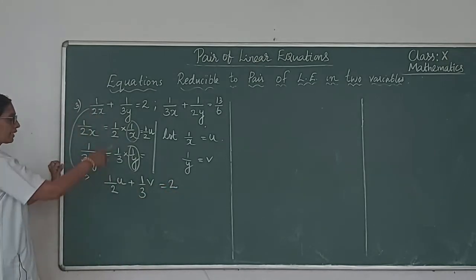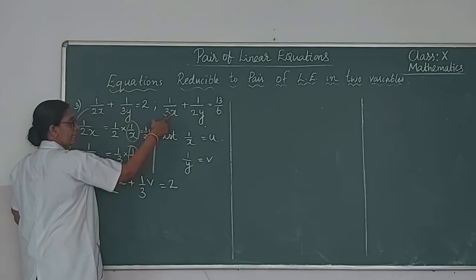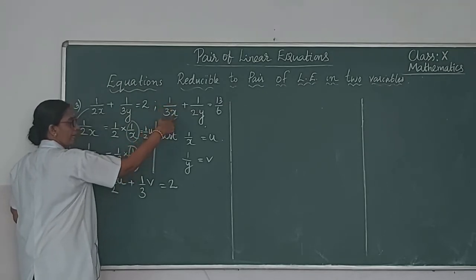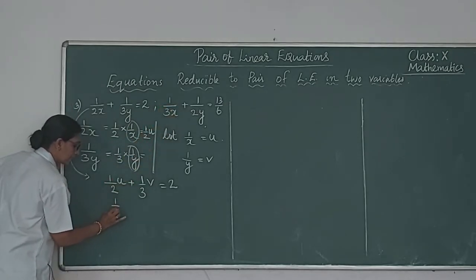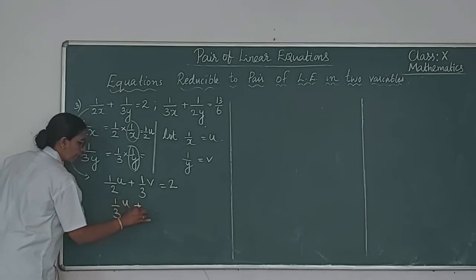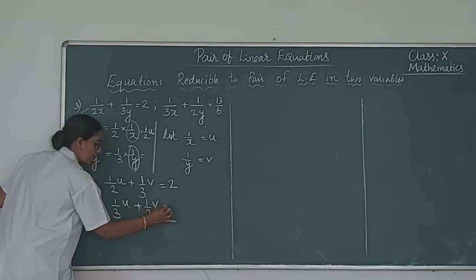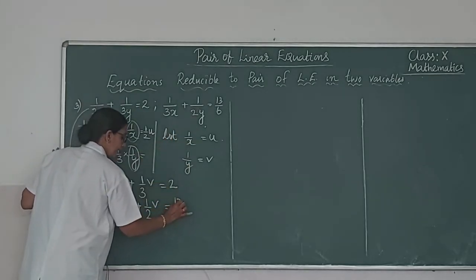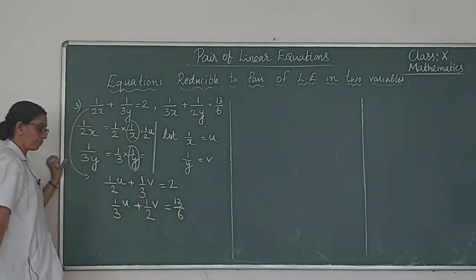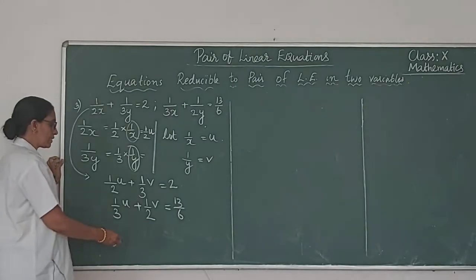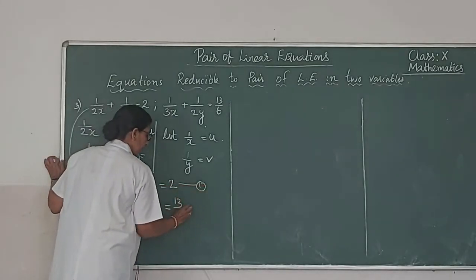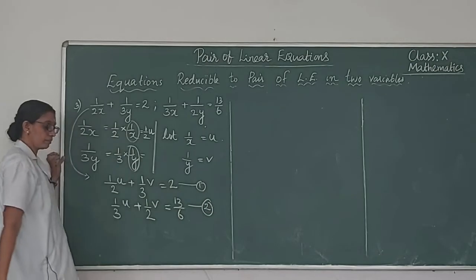Okay. And second equation same way, 1 by 3x is 1 by 3 into 1 by x. So it is 1 by 3 u plus 1 by 2 v equal to 13 by 6. So this is equation 1 and this equation 2.